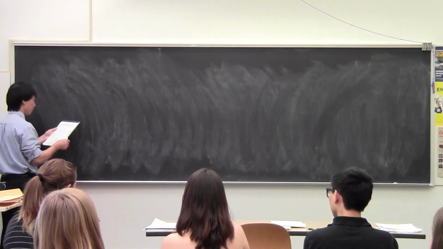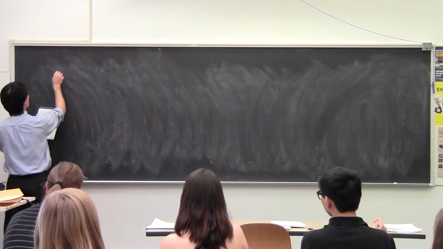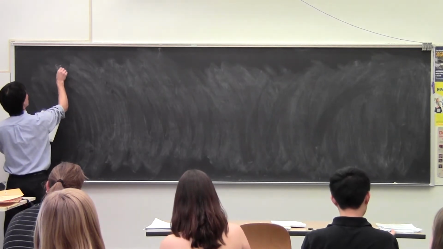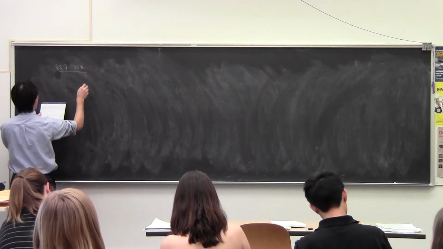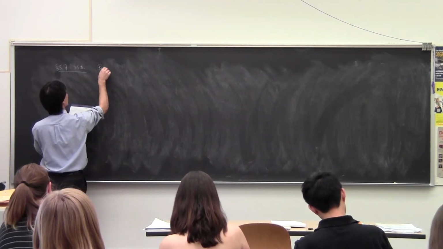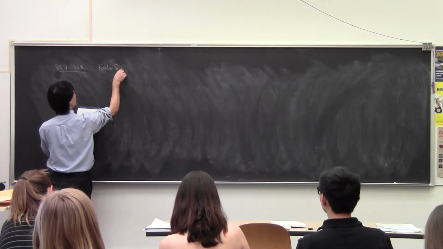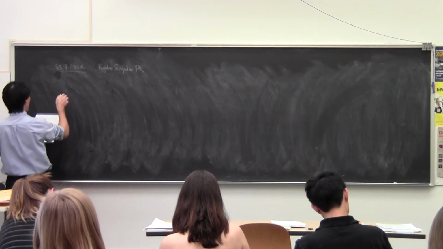So like how this might work out. So let's recall, this is sort of a combination of 5.7, 5.6, regular singular points. Okay.